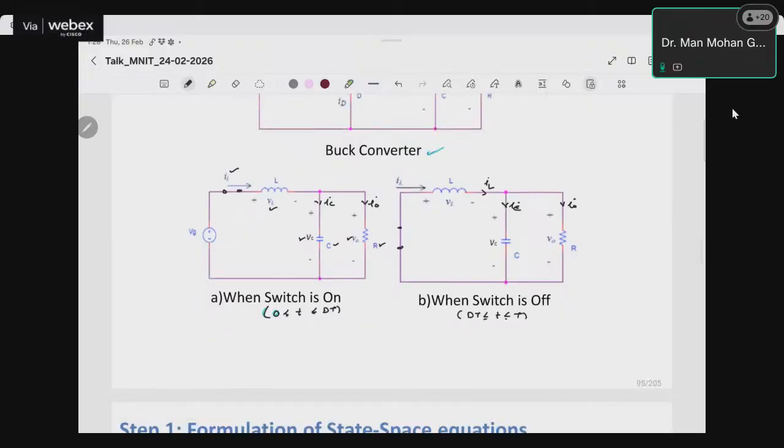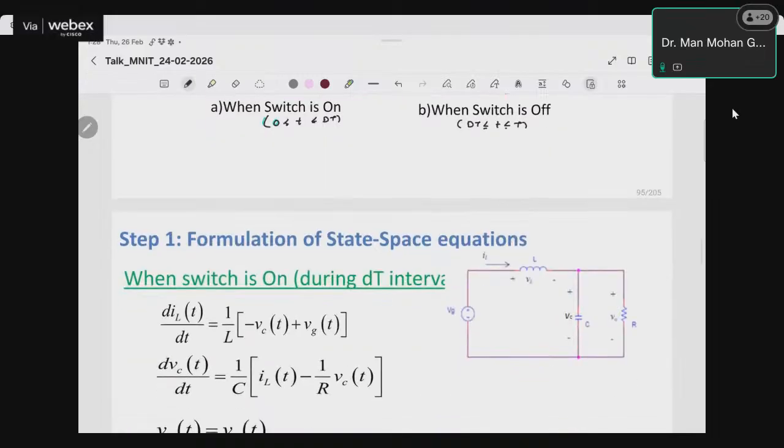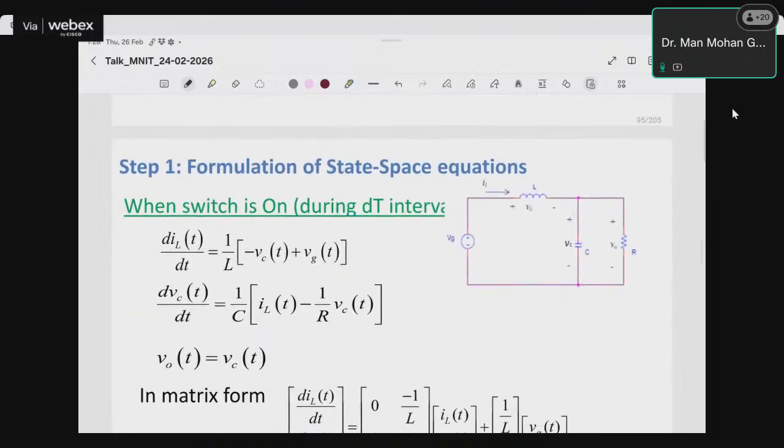Based upon these two modes, we can write the state space equations. For mode 1, VL is equal to V input minus VC, the capacitor voltage.